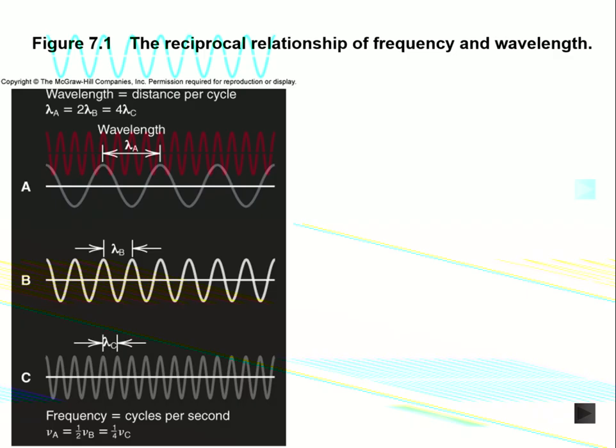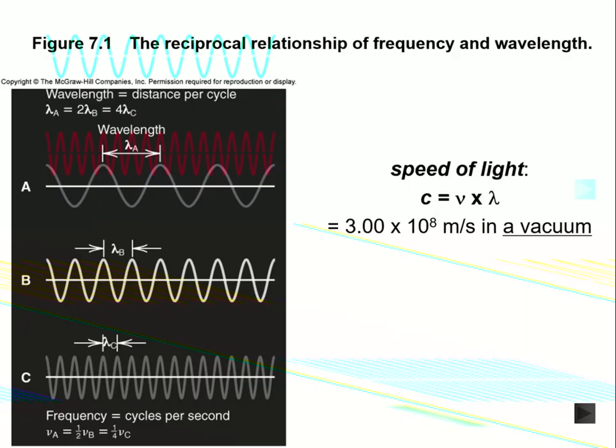So the first wave would have a long wavelength but a lower frequency, and then the bottom one would have a small wavelength but a high frequency. So since c is a constant, if lambda goes up, nu goes down, or if lambda goes down, nu goes up.